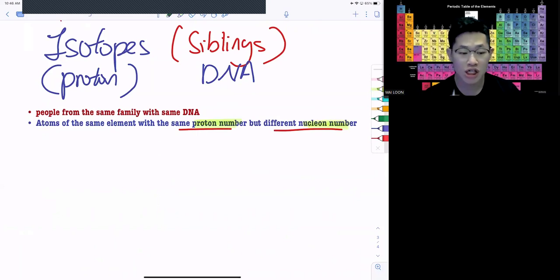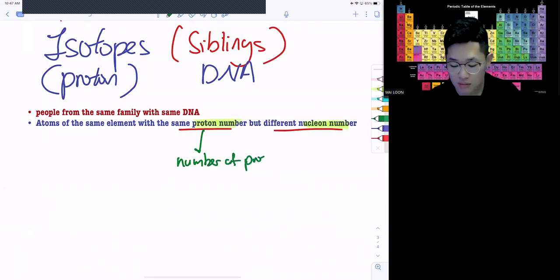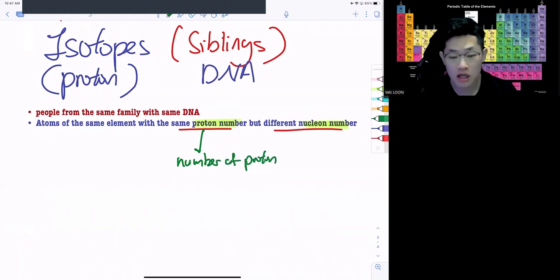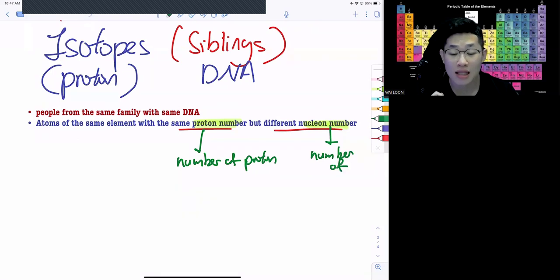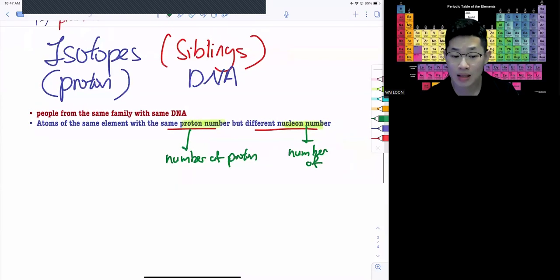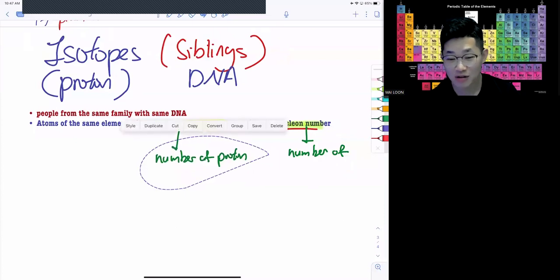If you want to change it to number of proton, it must always be followed by number of what? Anyone knows what's the answer?